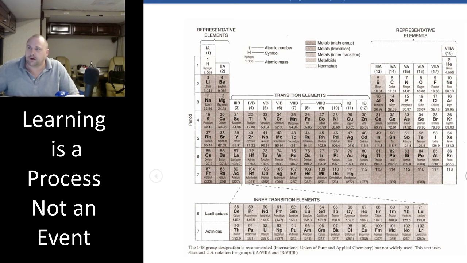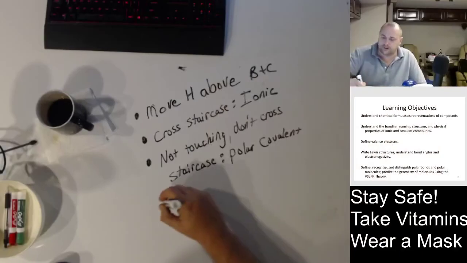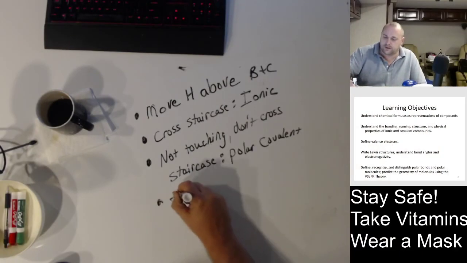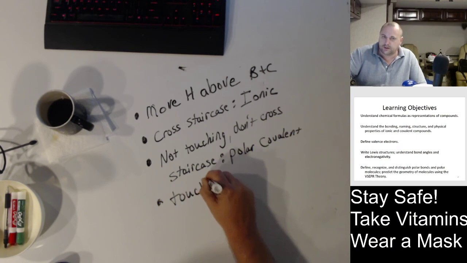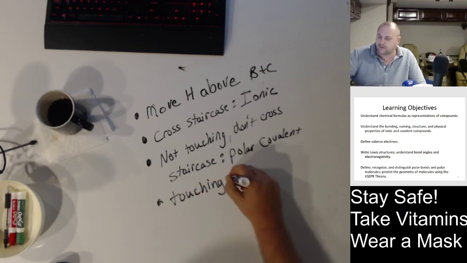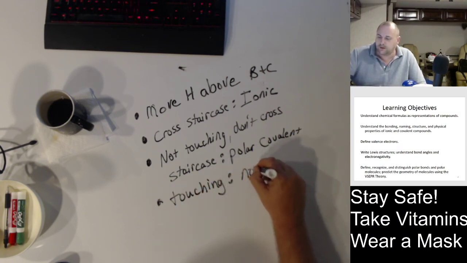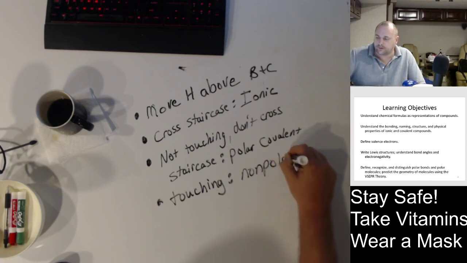All right. Now, our last case then is, what if they are touching, like nitrogen and oxygen? They're touching side to side. So touching is our last case here. If the boxes are touching, that's going to be nonpolar covalent.